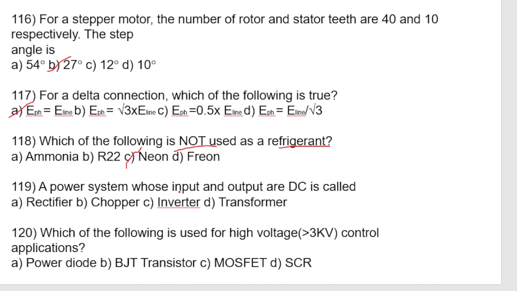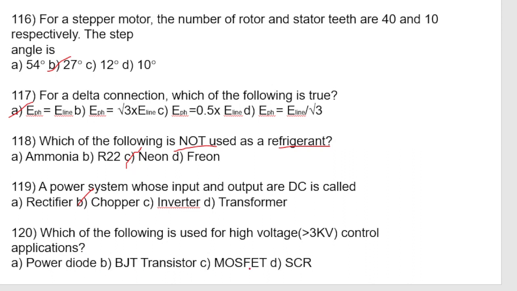The power system whose input and output are DC is called rectifier, chopper, inverter, transformer. The answer is B, chopper. Input and output both are DC. Which of the following is used for high voltage greater than 3 kilovolt controlled application?